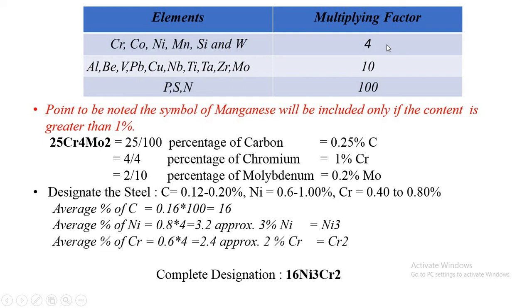The multiplying factor for nickel is 4. So 0.8 multiplied by 4, that is 3.2, approximately 3. Now average percentage of chromium will be 0.6 multiplied by 4. Now from where did we get this 4? We got it from the multiplying factor. So that is 2.4, approximately 2%. So the complete designation will be 16Ni3Cr2.